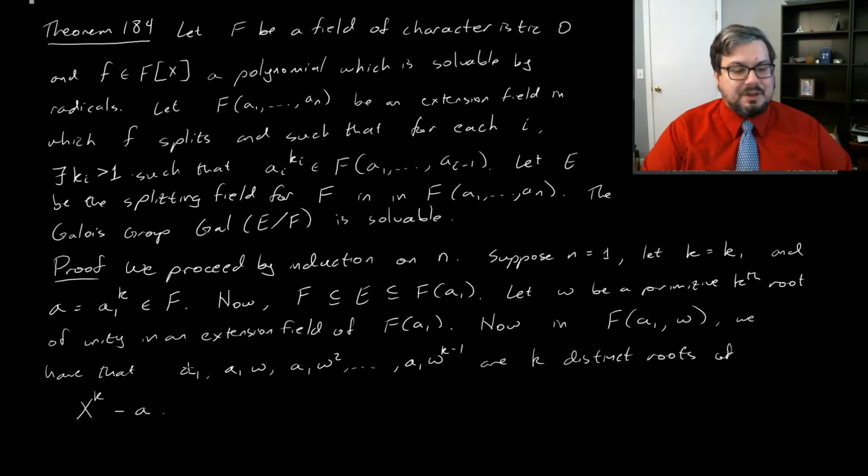And this is because we know that a1 to the kth is equal to a, and omega to the kth, or omega squared to the kth, or omega to anything to the kth is going to just be 1.